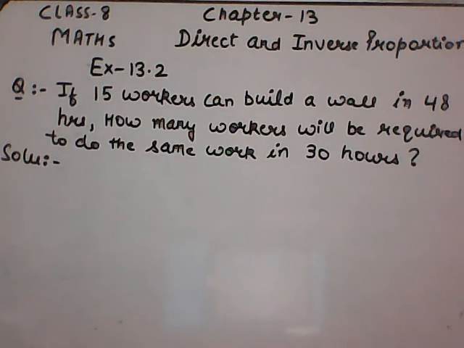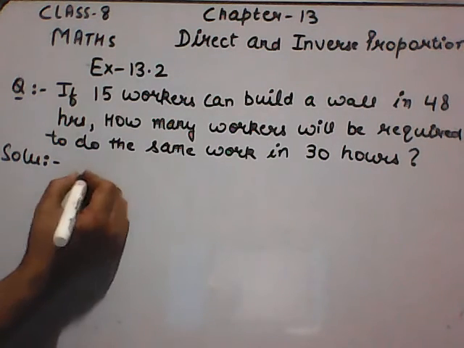Now, in this question, it is given to you, if 15 workers can build a wall in 48 hours, how many workers will be required to do the same work in 30 hours? Here, number of workers, 15 workers.